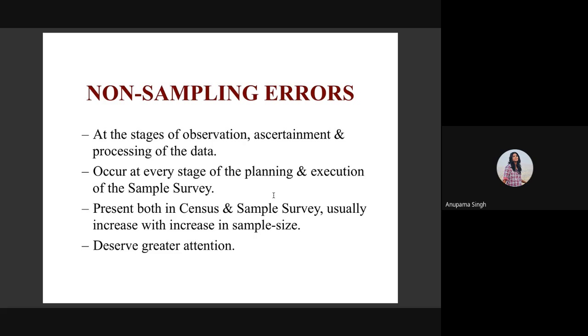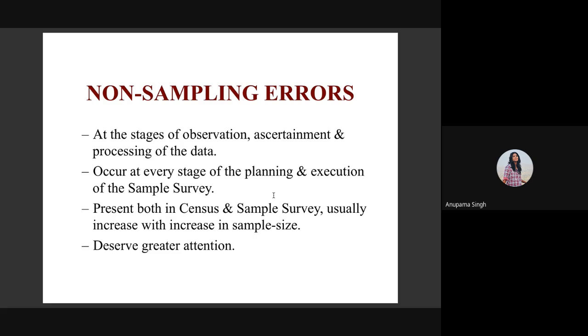But it is one kind of error that can be rectified. If it is not rectified on time, then it will continue happening, right? And if it continues, then your whole sample will get contaminated by that particular error, right?